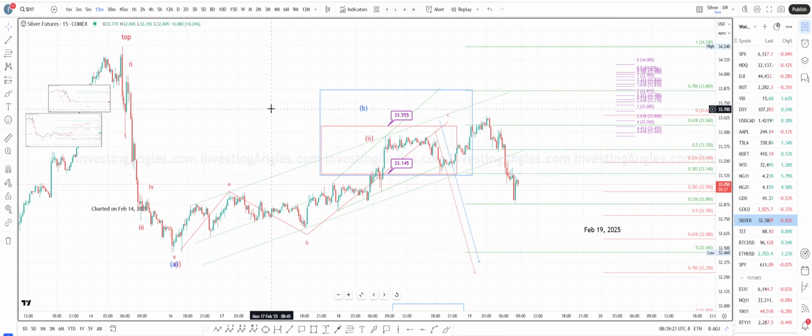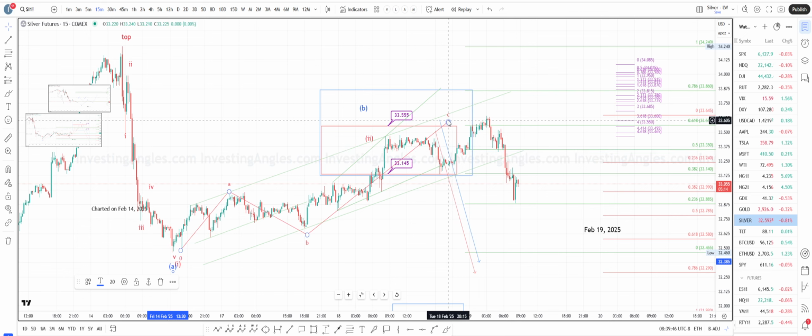This is silver. This is where we left it 2 days ago, and what we are seeing here is that after potentially forming a top and a very strong impulse down, silver formed a corrective wave, and most likely it's either a flag or a somewhat similar structure.